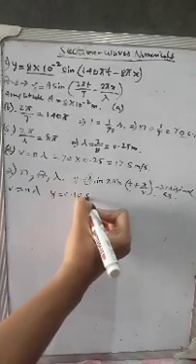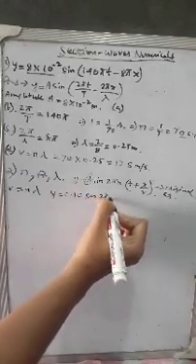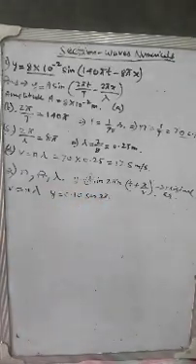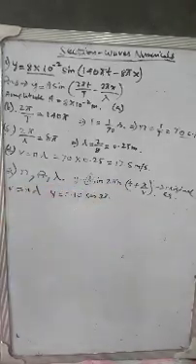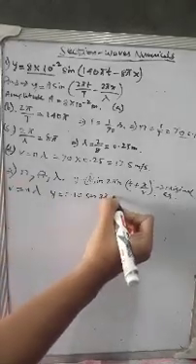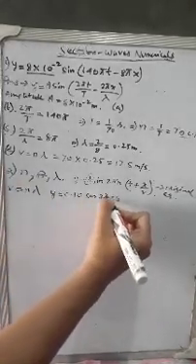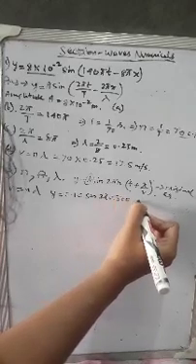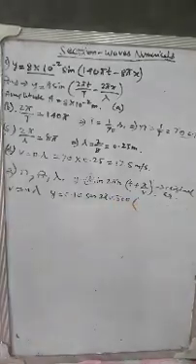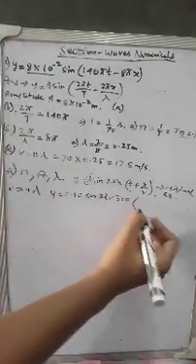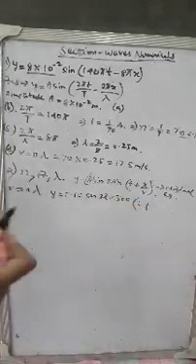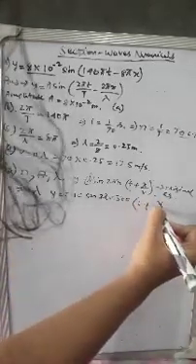Let's write sine 2 pi, and then the value of n. What is the value of n given in the question? Your frequency's value is 500 hertz. So I'm writing here sine 2 pi into 500. After this, I have to write t plus x by v.